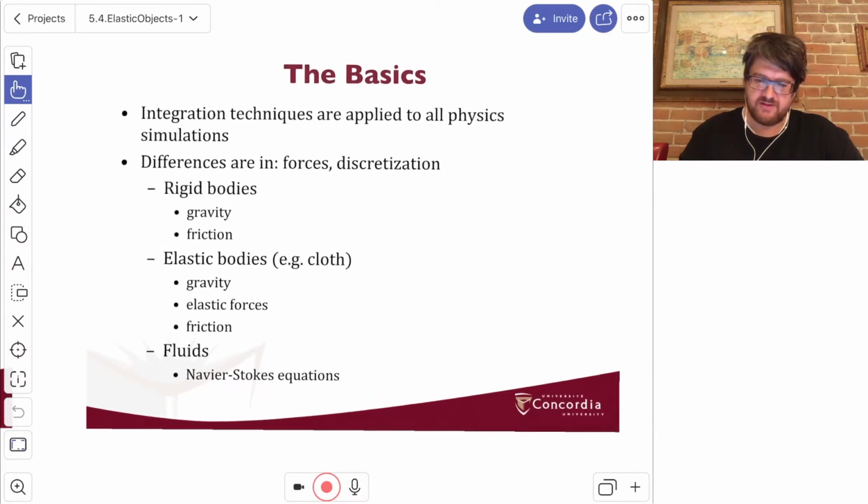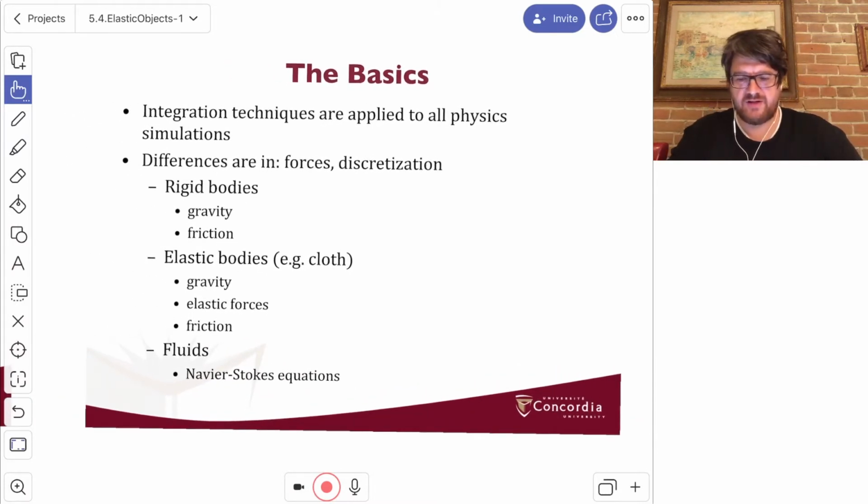So the integration techniques we saw before, they're applied universally to all physics simulation. The only difference between the different simulations are really in the forces which come into play and sometimes the discretization of our objects. How do we represent it in a computer?